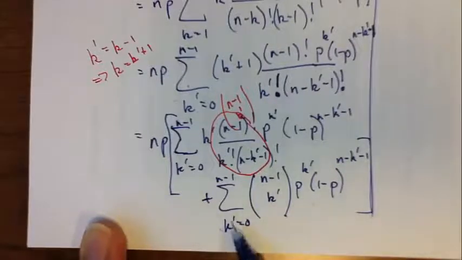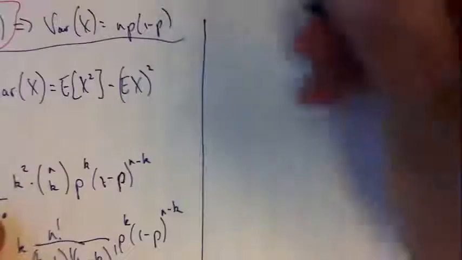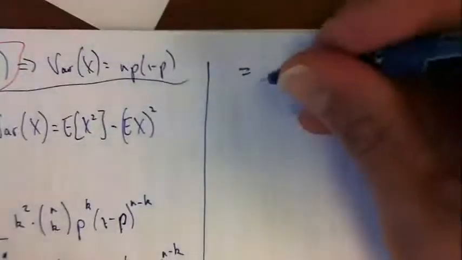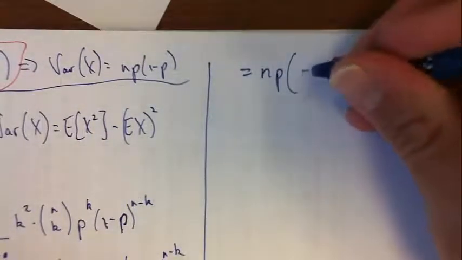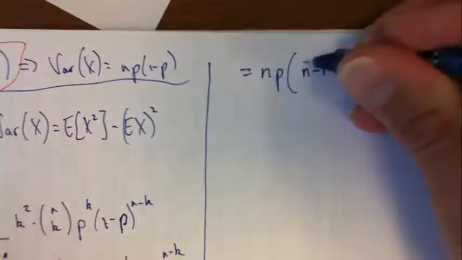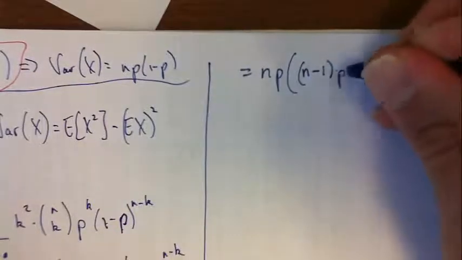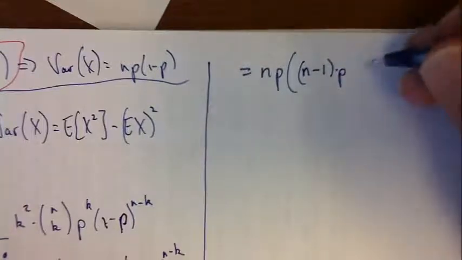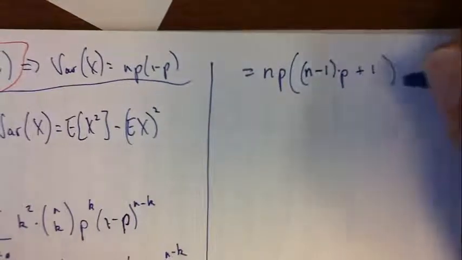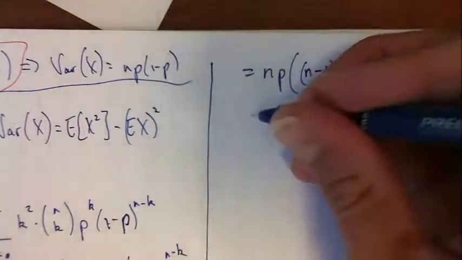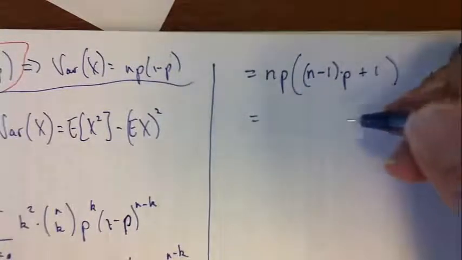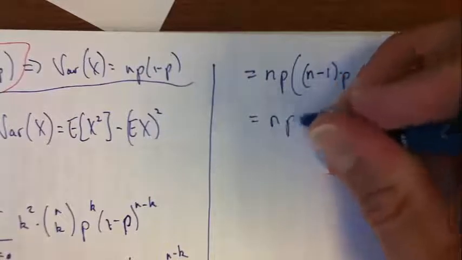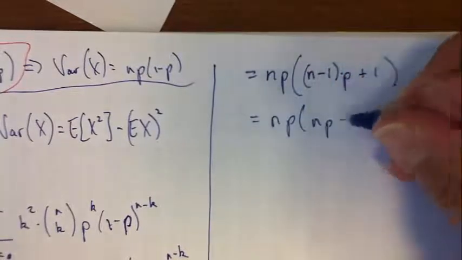So all this stuff reduces to, got the n times p out there, and then what's the mean of a binomial n minus 1, p? It's n minus 1 times p, okay, plus 1, okay. So all this is, I guess I could write it like that, n times p times np minus p plus 1, okay.